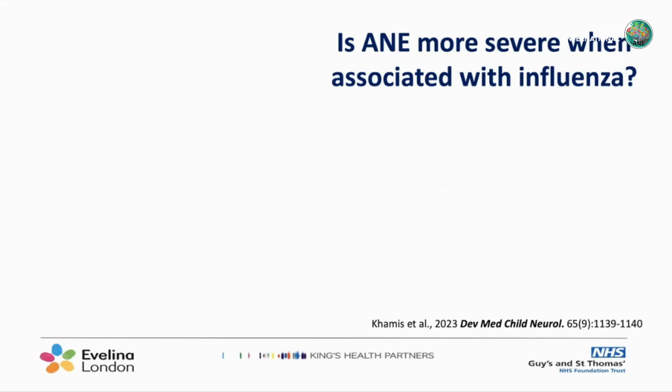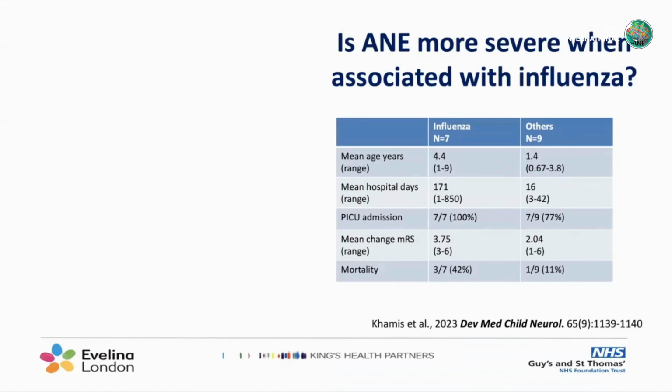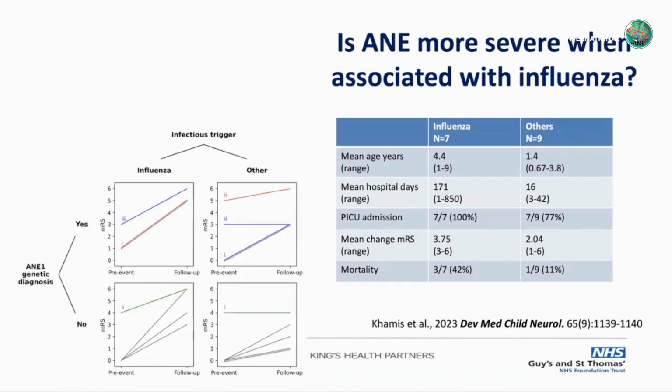And we've seen that in the H1N1 and H3N2 outbreaks, at least in the UK. And you can see how rare it is. And they're certainly more severe in terms of hospital stay, PICU admissions, and mortality, with ANE associated with influenza.